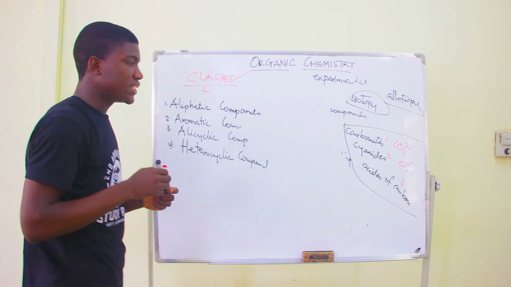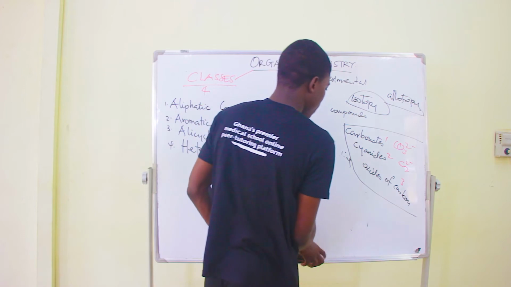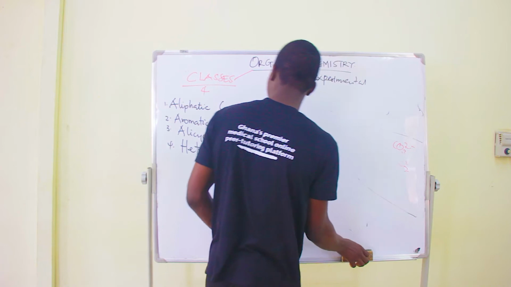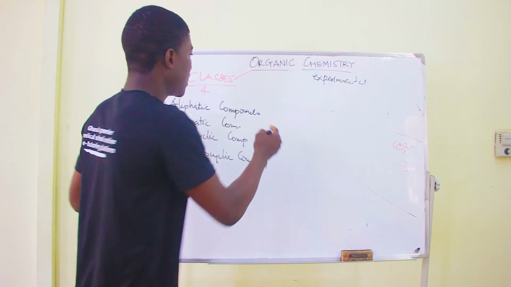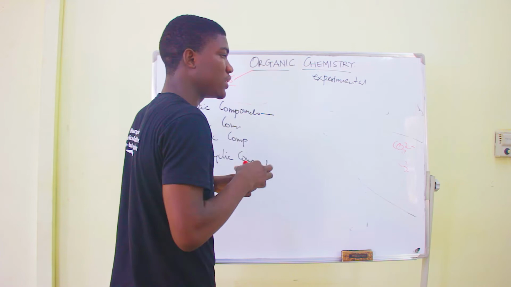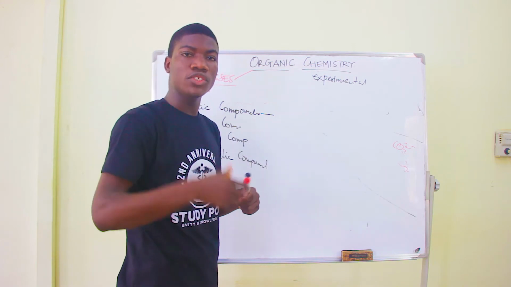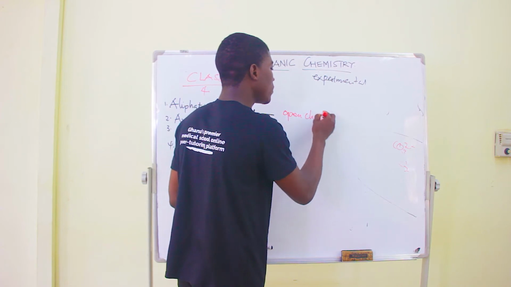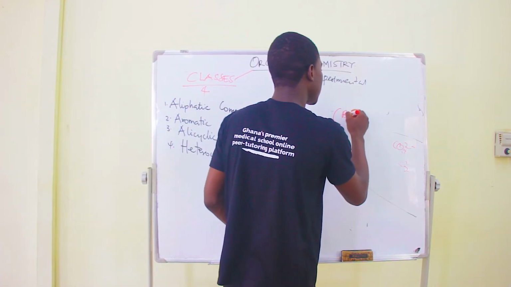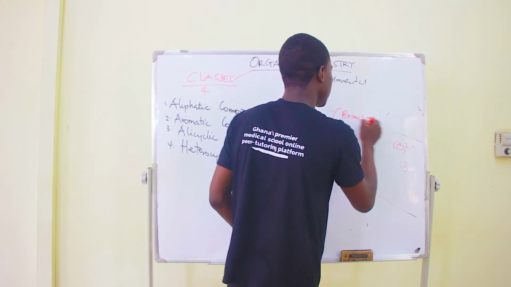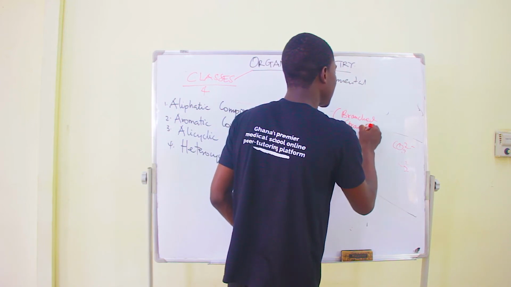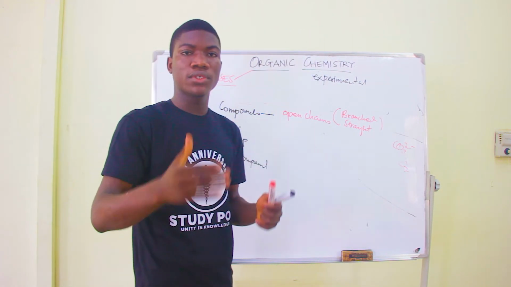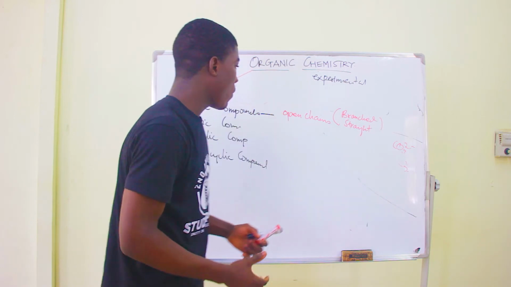Now, let's take them one by one. Aliphatic compounds. These are organic molecules that are arranged in open chains. Now, in organic chemistry, if we talk about open chains, what we mean is they are either branched or straight.